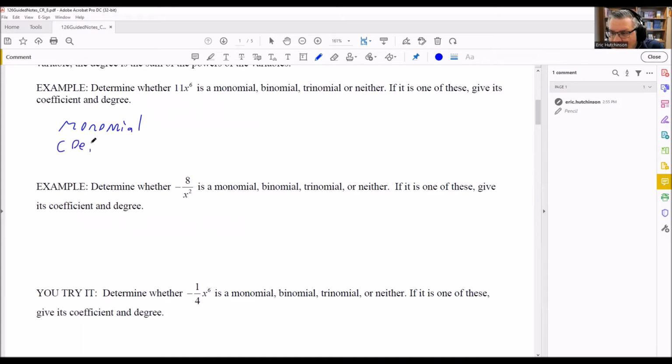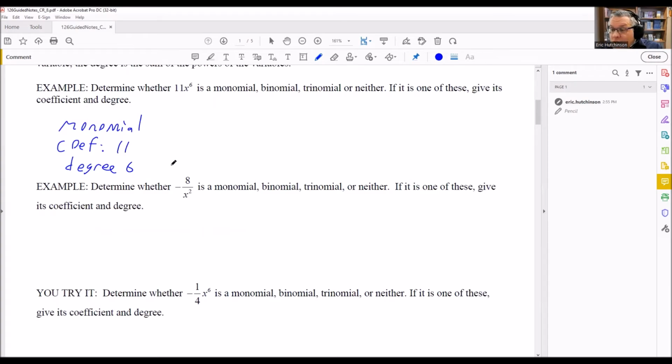The coefficient is the number in front of the x with the highest power. In this case, that's going to be an 11. The highest power we see, or the only power we see here, is going to be 6. And so when you indicate the degree, you indicate it this way. You say degree 6. So technically, it would be a degree 6 monomial, and that would be the specific name for this particular one here.